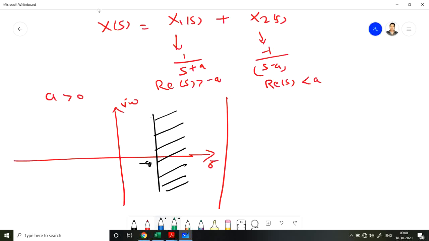So first in case 1, please understand that in case 1 we have considered that a greater than 0. Now a greater than 0 means take any value. Let us take 2. So in that X1(s), the ROC is real part of s is greater than minus 2.